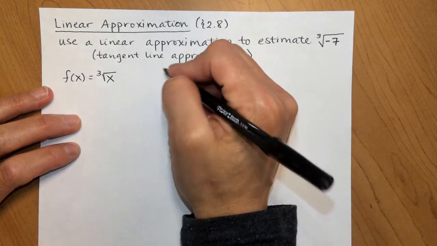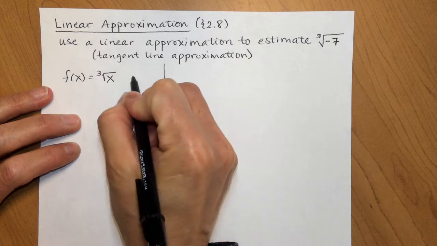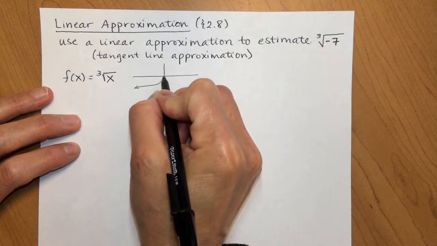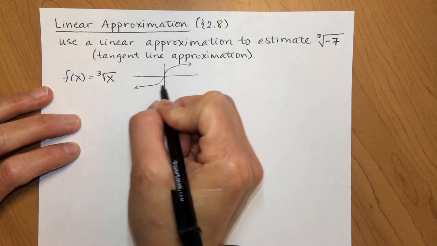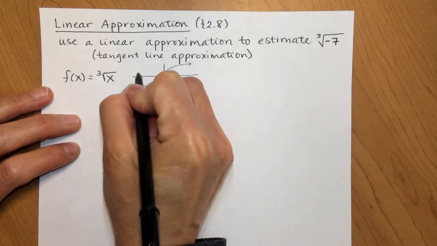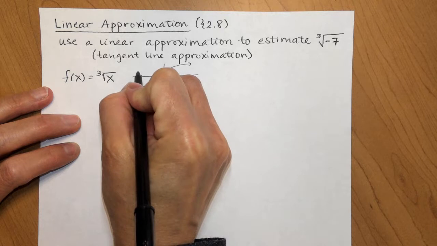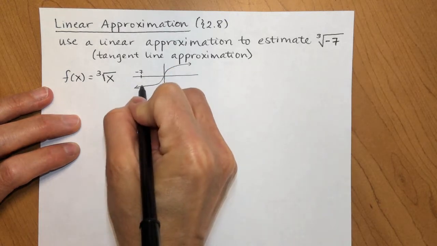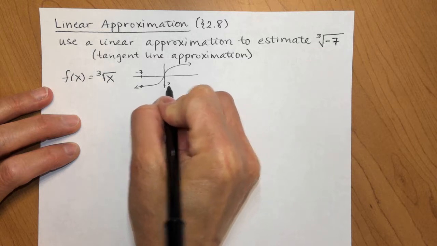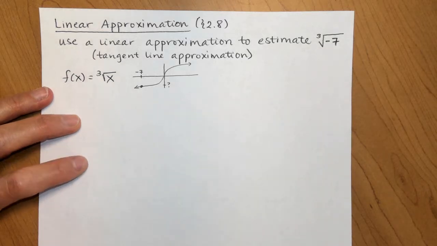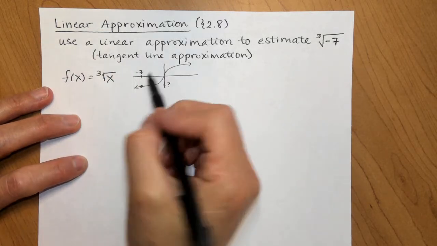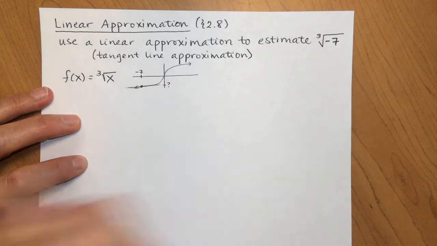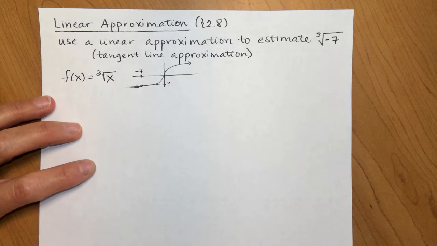So just really quickly, we know that the cube root of x looks like this. Okay? And I want to know what is the cube root of x when x is -7. What is this y value? So first of all, we're going to write the equation for a tangent line at that point, and we're going to use the tangent line to approximate.